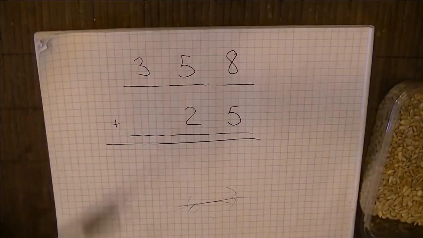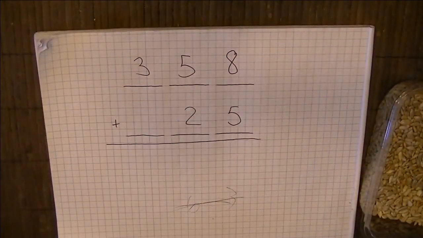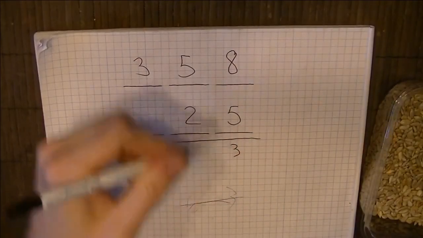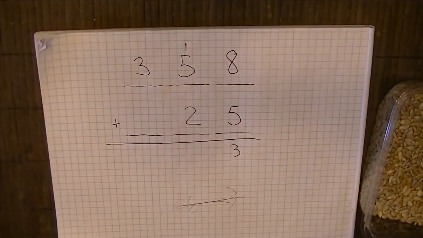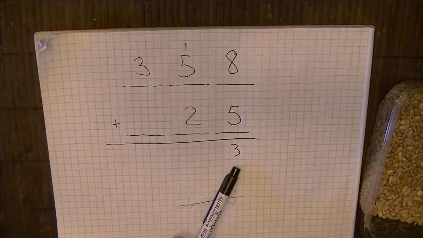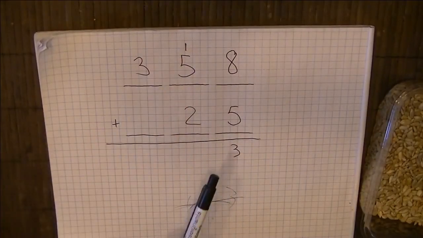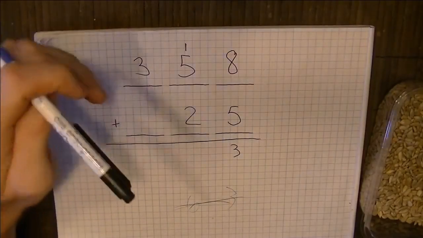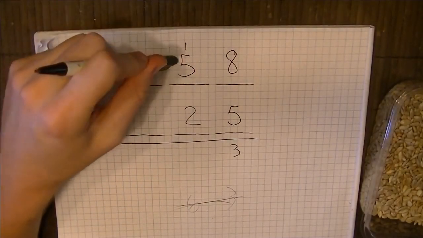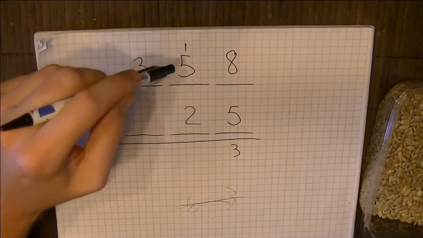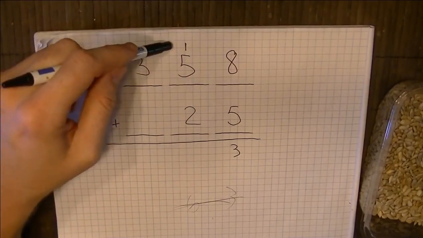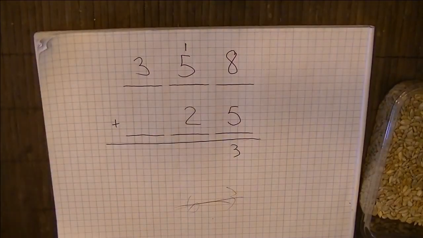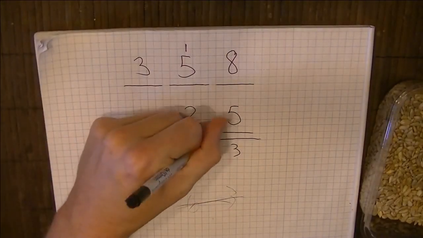All right, so now let's do this. We know that 8 plus 5 is 13. So we put the 3 down here and carry the 1, because that was 3 and 1 ten. Then we take 5 and 2 is 7, and then we add 1 more, because we carried that 1, to get 8.